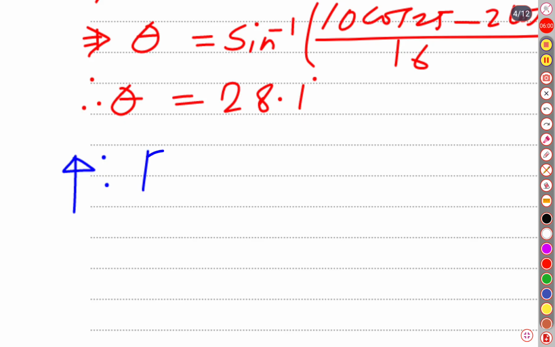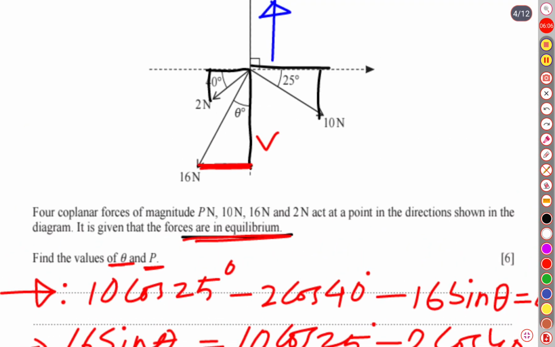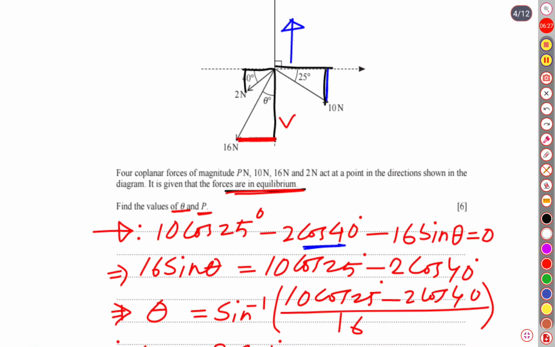The rest of the forces are acting downward, so we will subtract them. As for the horizontal component we used the cos formula, for the vertical axis we will just use the sine of the angle.